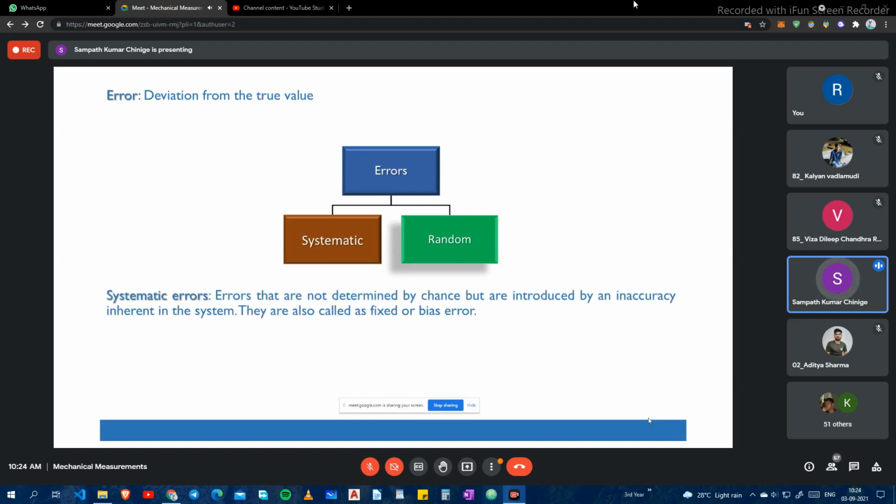Systematic errors are errors that are not determined by chance but are introduced by an inaccuracy inherent in the system. They are also called fixed or bias errors. Say you have a new measurement system. In the first 2 or 3 years, it will give very close readings and perform very neatly, and then the technician does not maintain it properly.